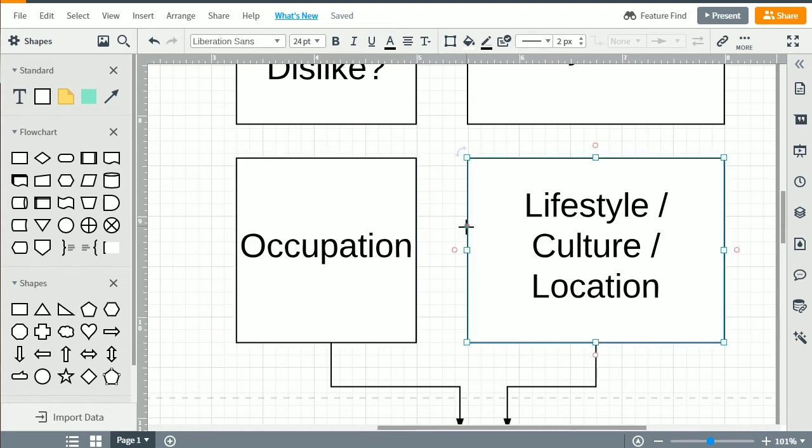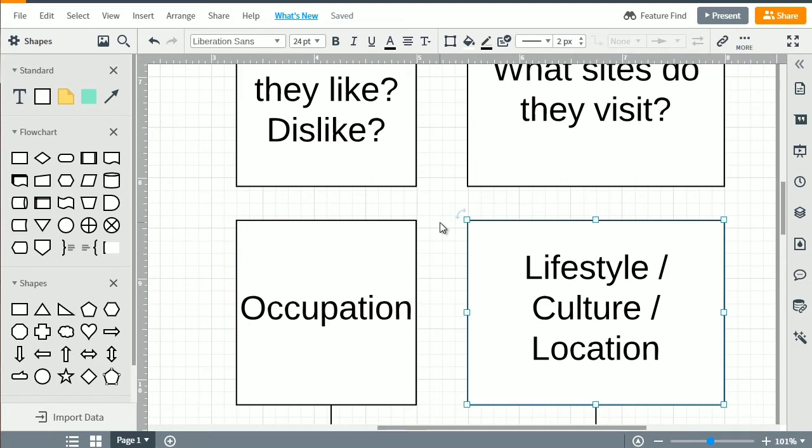So lifestyle, culture, location. One big mistake that a lot of people make when they start running ads is that they focus on a specific person, but they don't think about what that person is thinking. So if you're targeting a specific location, then you need to start thinking about culture, you need to start thinking about what they're thinking and all that.